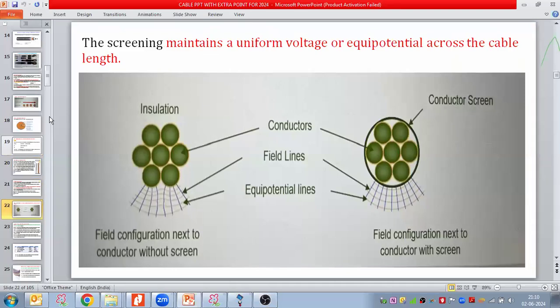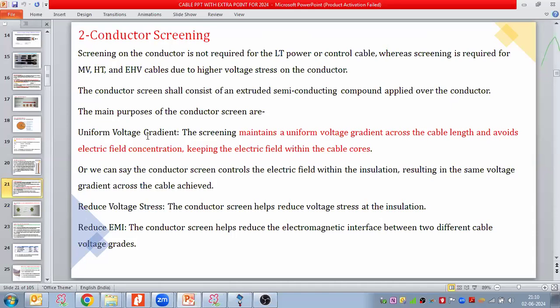So here we have seen that screening maintains a uniform voltage gradient or equipotential across the cable length around the cable core or conductors. So the reason is uniform voltage gradient, reducing voltage stress on the insulations.